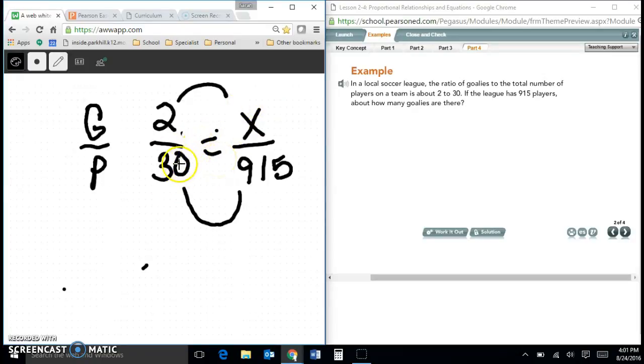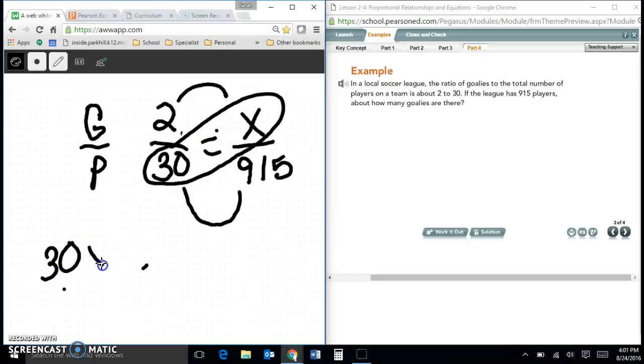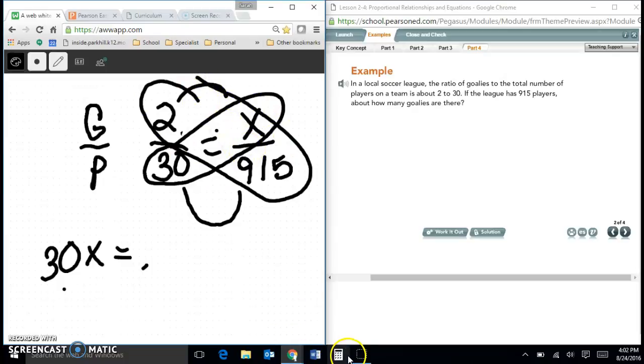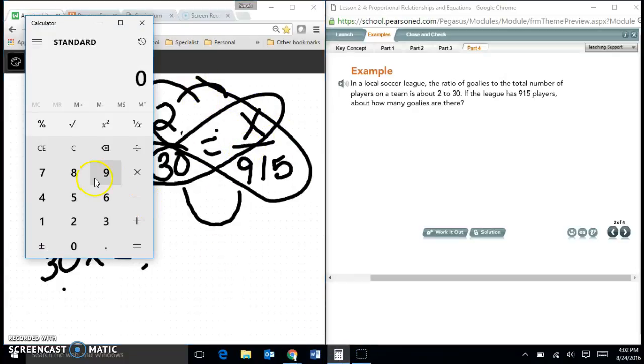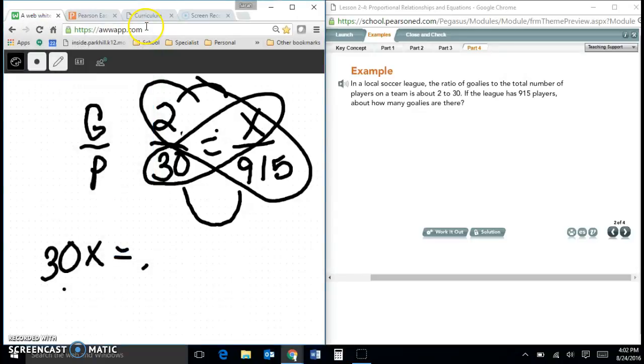You're going to multiply this way. 30 times x is 30x equals, and then 2 times 915, and I don't know that one off the top of my head, so there's no harm in using a calculator. So 915 times 2 is 1,830.